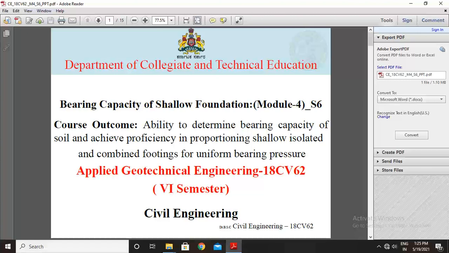So this is the course outcome of this module 4. Title of subject is Applied Geotechnical Engineering. Subject code is 18CV62 in 6th semester of Civil Engineering departments.